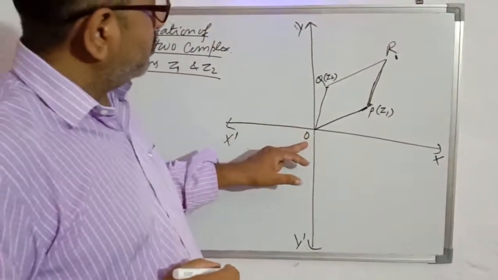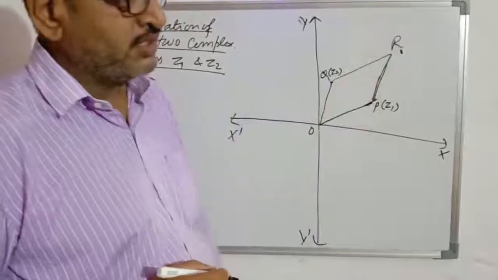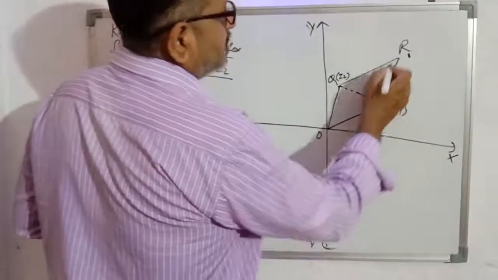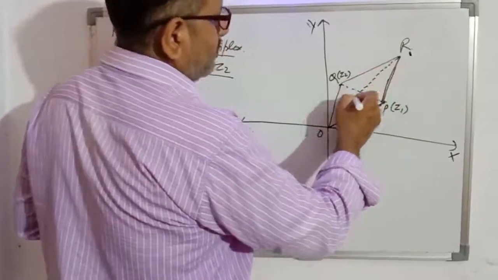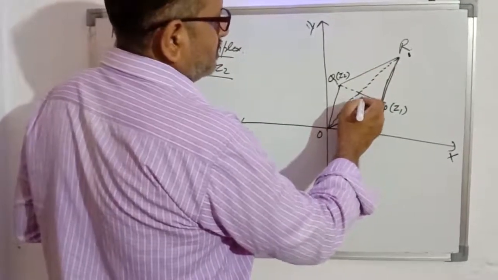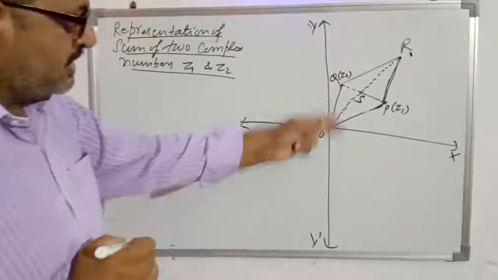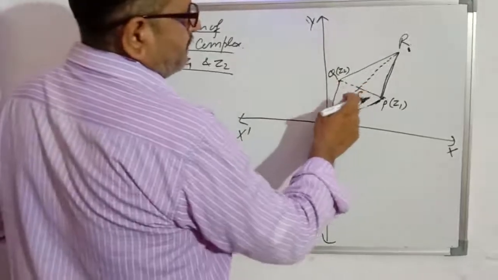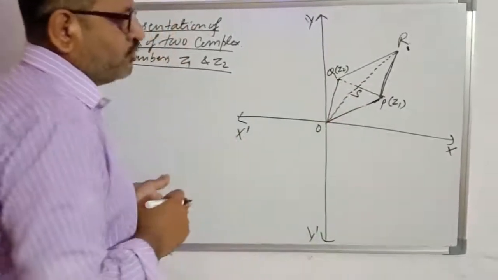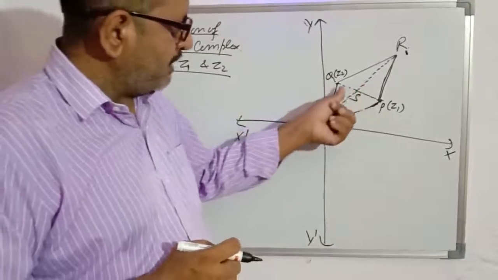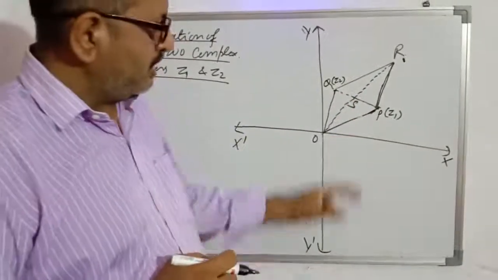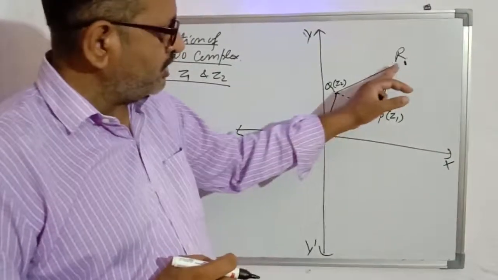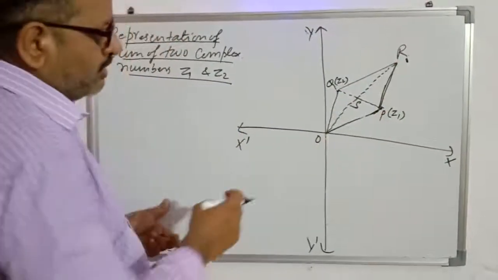The three vertices are O, Q, P, and the next vertex is R. Join both the diagonals. Both the diagonals intersect at point S. We know that the diagonals of a parallelogram bisect each other, so S is the midpoint of PQ and also the midpoint of OR.